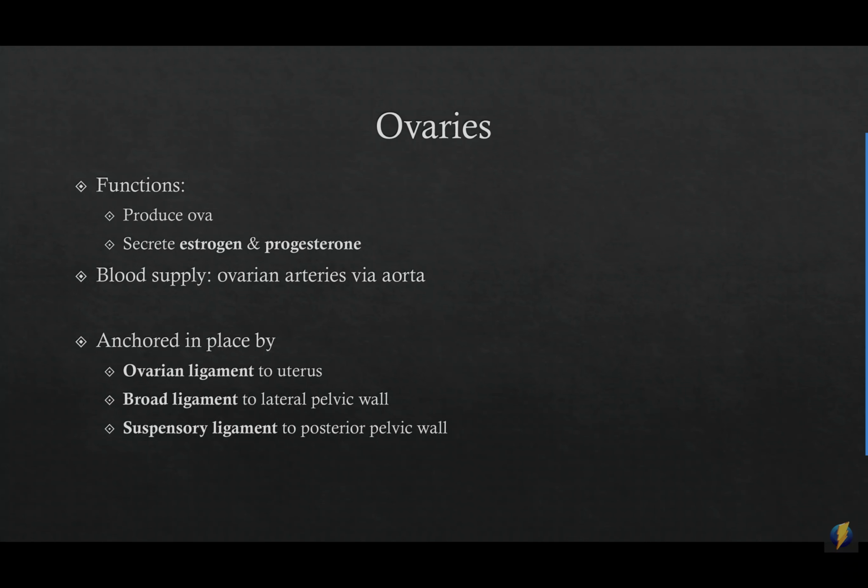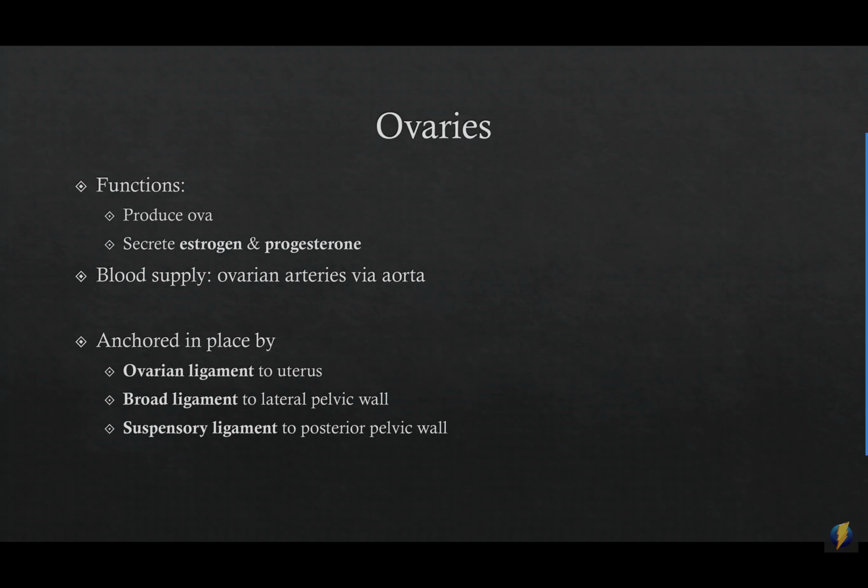There is an ovarian artery that branches off the abdominal aorta that brings blood to the ovaries, and then also an ovarian vein that drains them back into the vena cava. The ovaries themselves are held in place by a whole bunch of ligaments. The ovarian ligament holds the ovaries in place in terms of their alignment with the uterus.